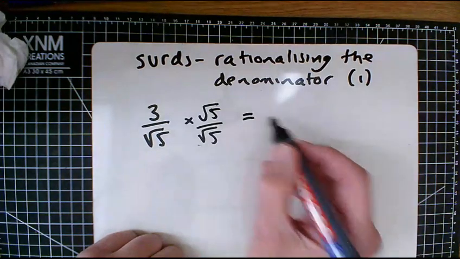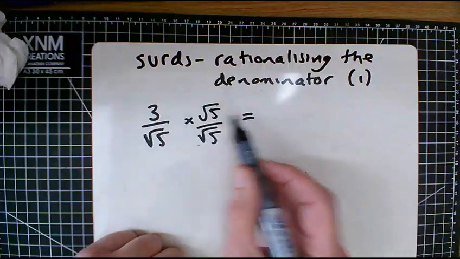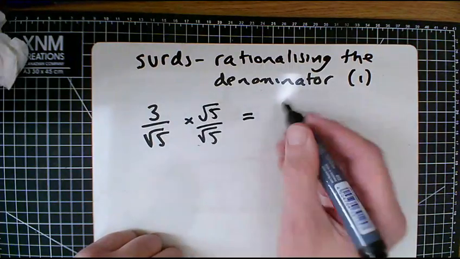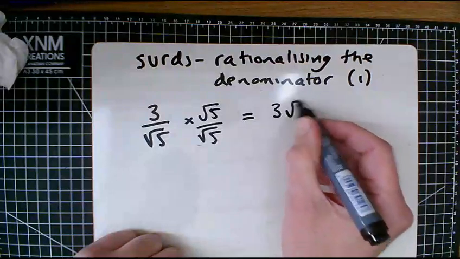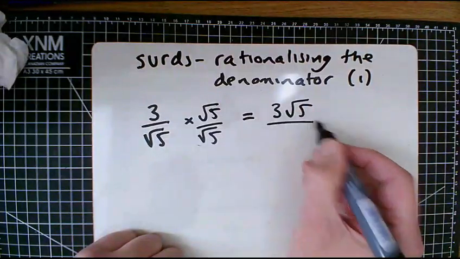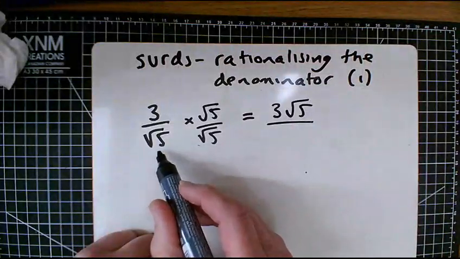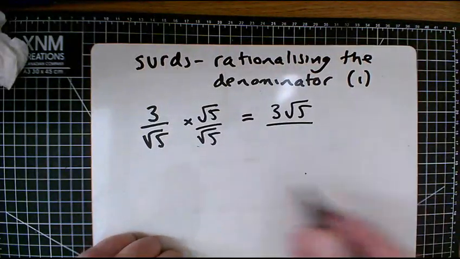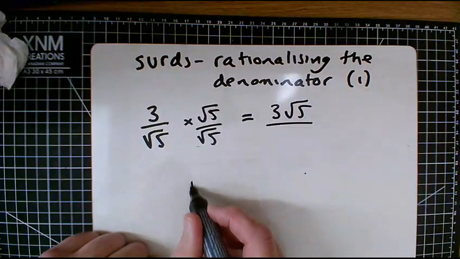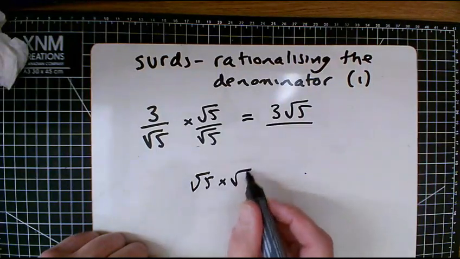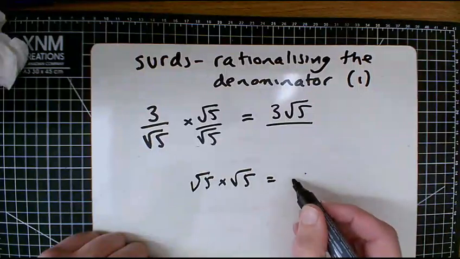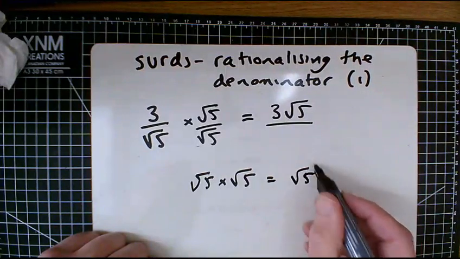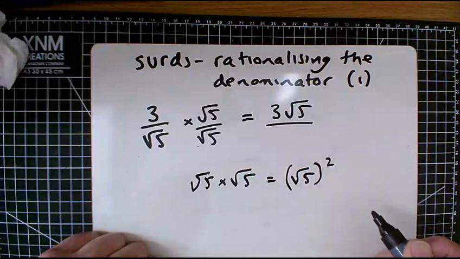However, what actually happens is, if I multiply this fraction, 3 times the square root of 5 can be written like this, 3 root 5. Now on the bottom, square root of 5 times the square root of 5 can be regarded as the square root of 5 squared.